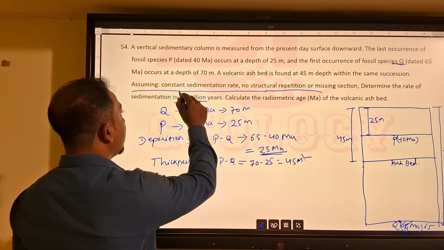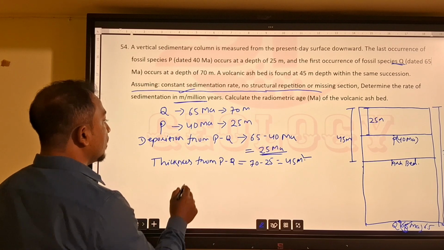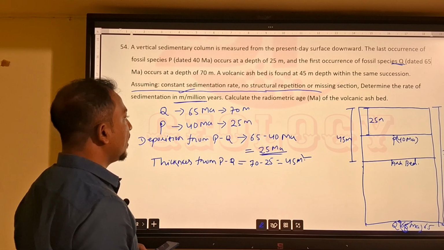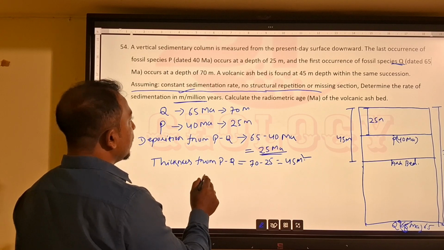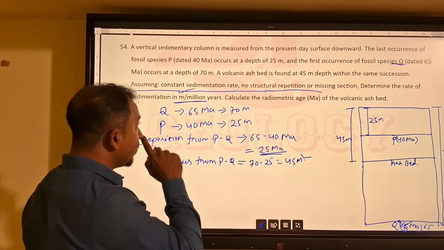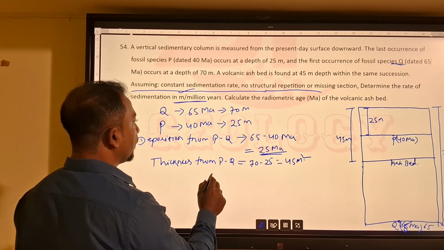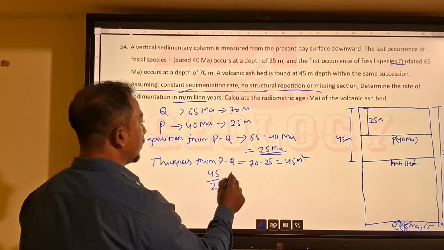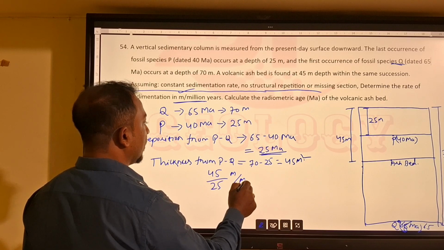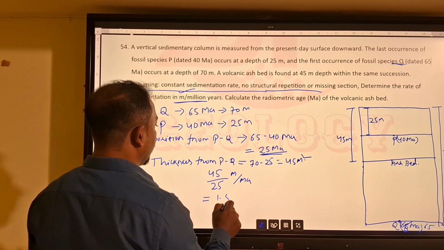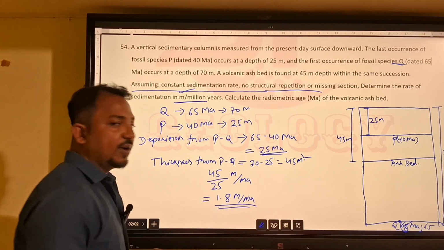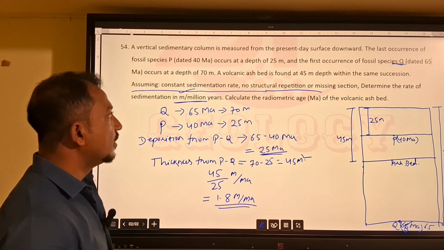So I have to calculate the sedimentation rate, which is asked in meter per million year. That means how many meter deposited in 1 million year. So that will be 45 divided by 25 meter per million year, 1.8 meter per million year.